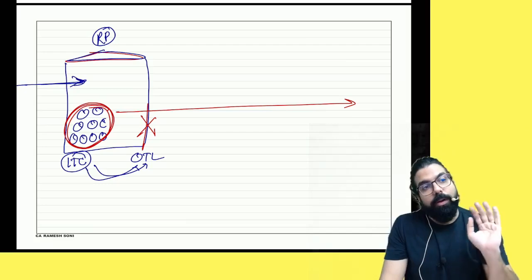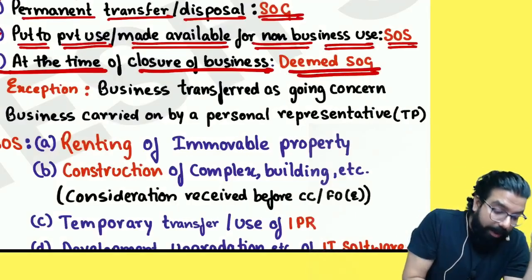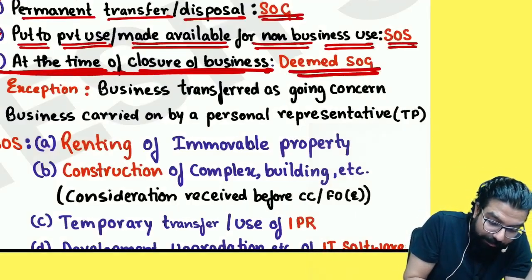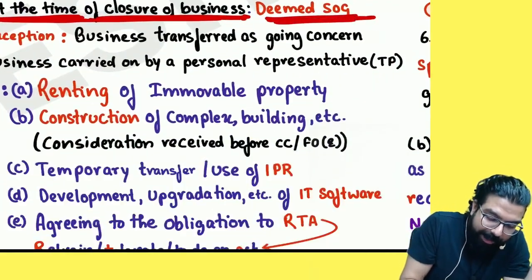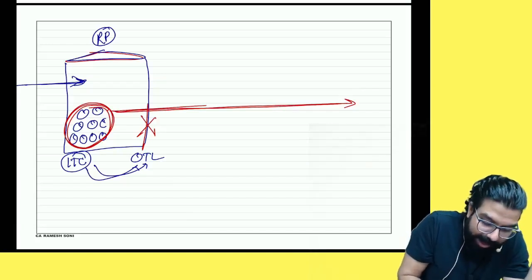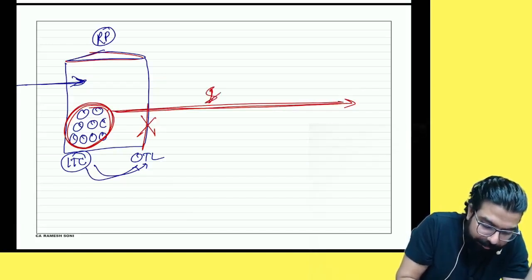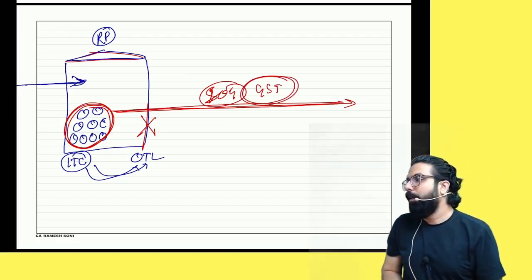Yes or no? Government told, beta, if you do this at the time of closure, if you take all your assets home, I will deem it as supply of goods. It means even if you don't sell it, I will deem it as supply, and do I have to pay GST? My question, everyone, I have not closed my business.